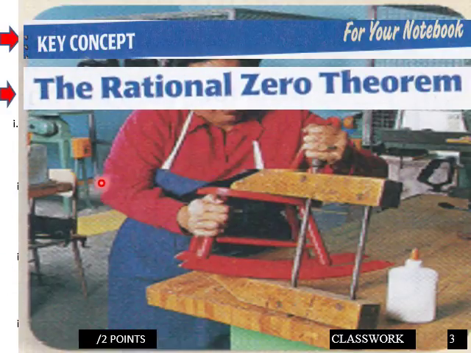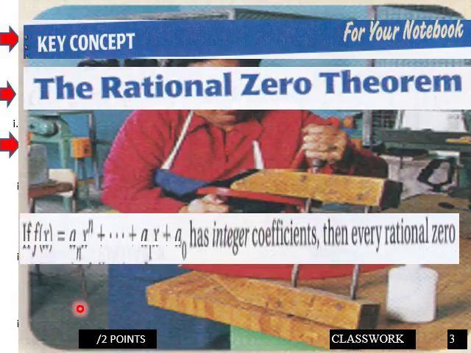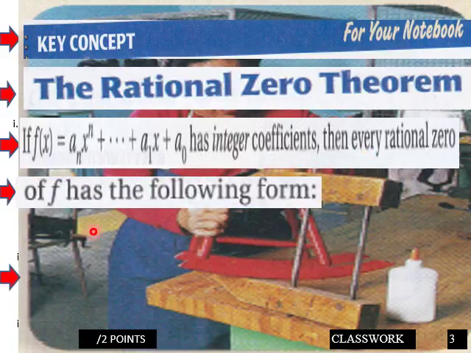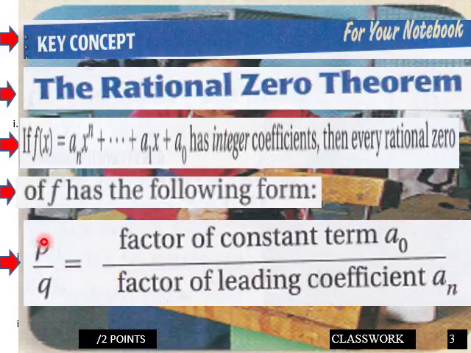And then this part of our key concept here, this is your classwork, page 3, students. Look in your classwork sheet. The rational zero theorem, and then here it is here as it decreases here in standard form, has integer coefficients. Then every rational zero of f has the following form: p over q, the factor of the constant, which is a naught, which is in this position here.